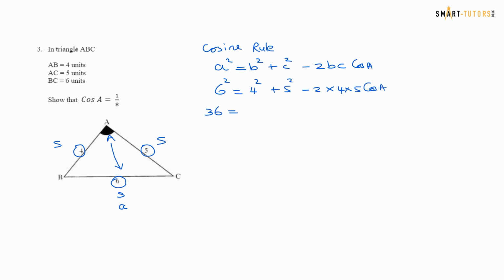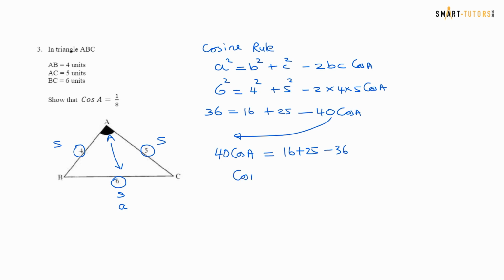36 equals 16 plus 25 minus 40 cosine A. So if you bring the 40 cosine A this side, 40 cosine A equals 16 plus 25 minus 36.